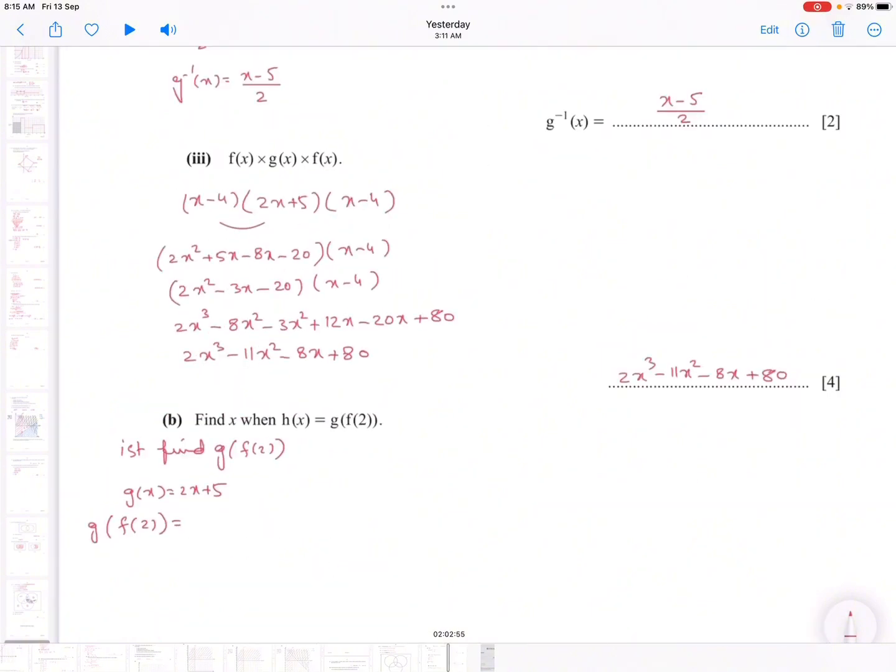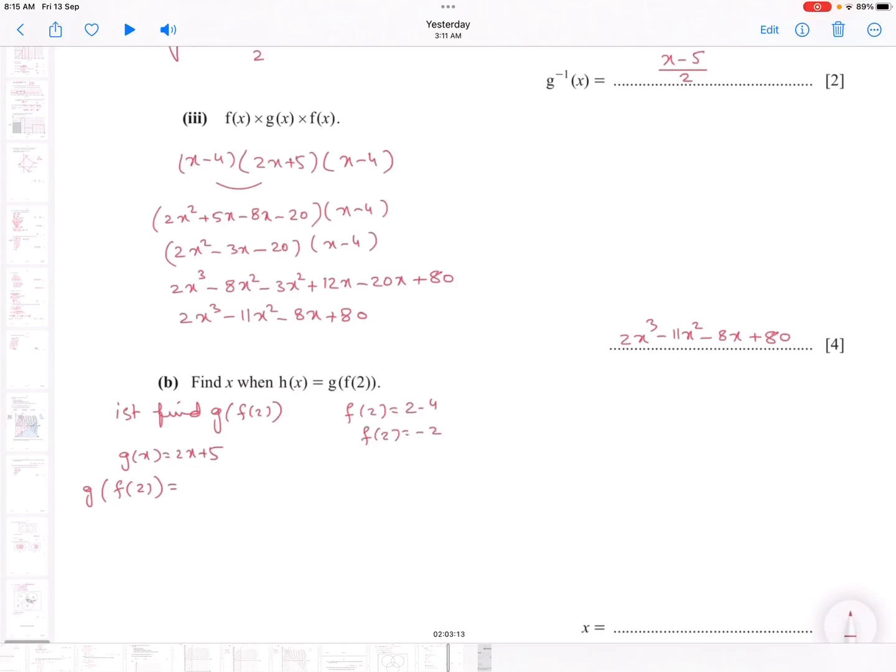Your f of 2 is minus 2. So 2 into minus 2 plus 5. So your g of f of 2 is 1.